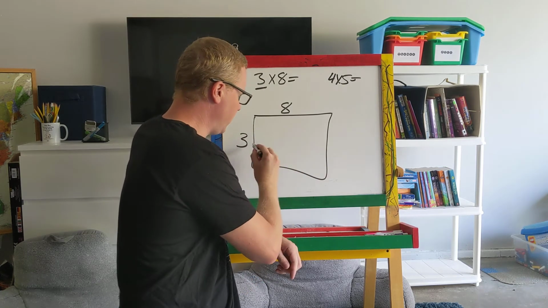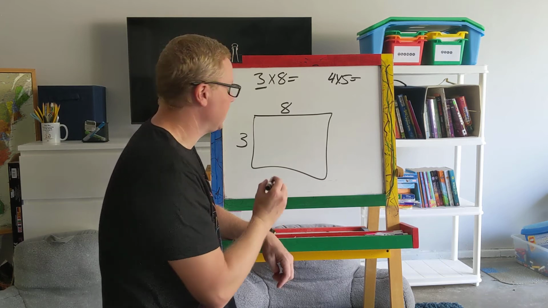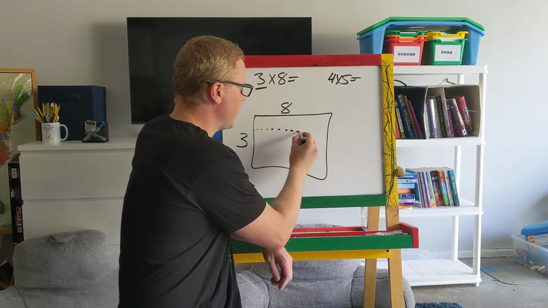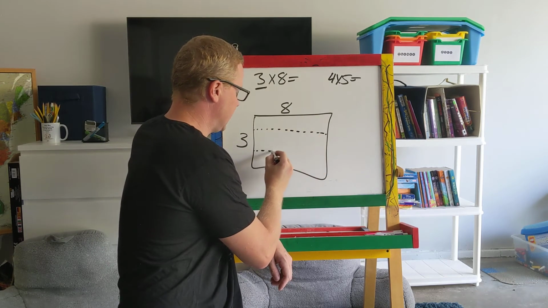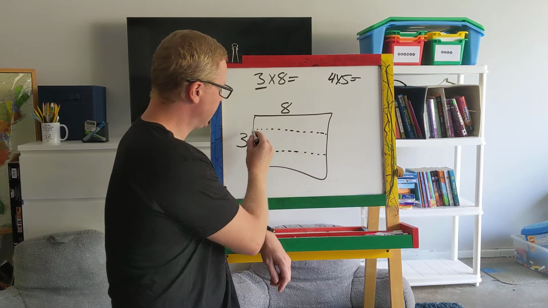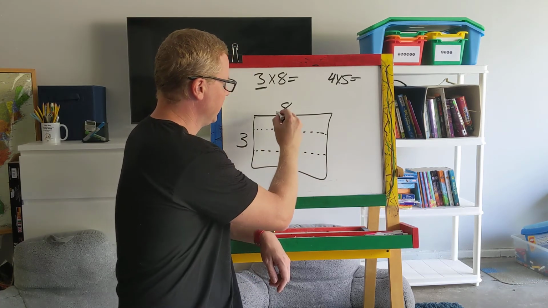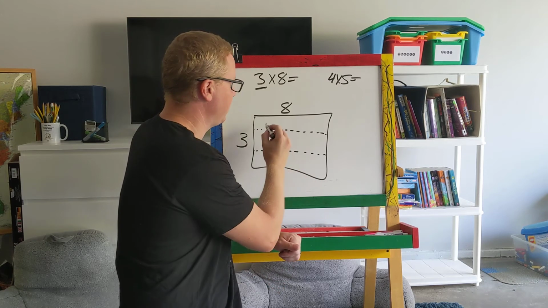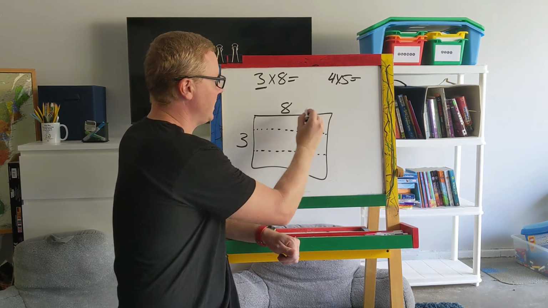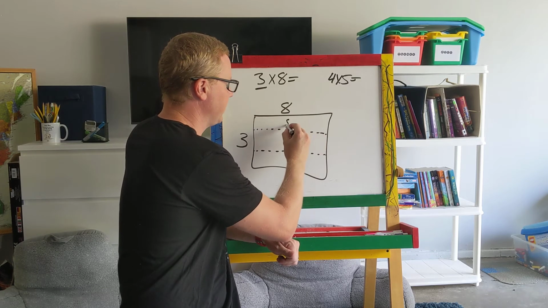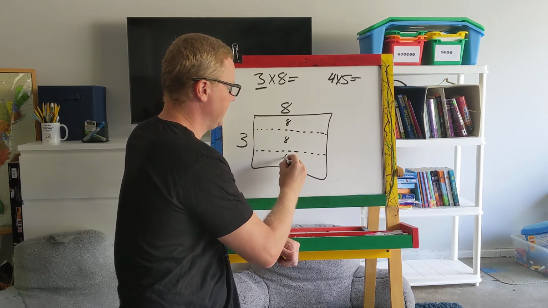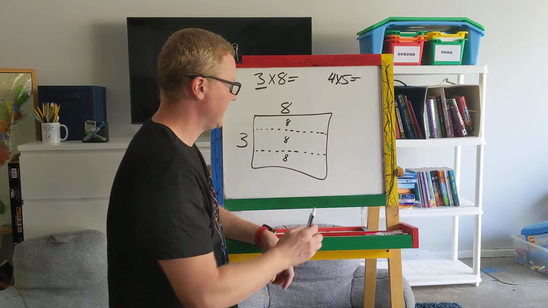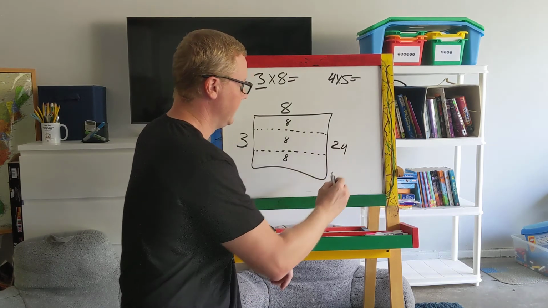Instead of drawing all those things out, if you need a little helper, you can draw it out like this. I always draw just one side, and I know that there's 3 here, and there was 8 here, but I don't want to draw those all out. But remember what we said last time, we saw a group right here of 8, so I can go 8, 8, and 8. And you add them up, and it gets 24.